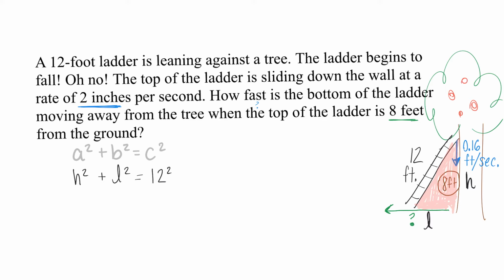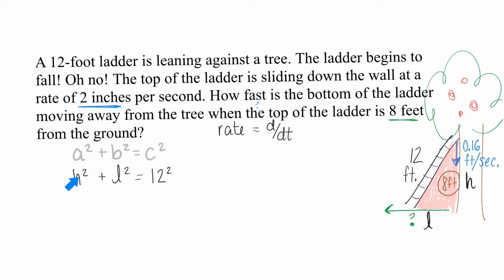And we need a derivative, because we're talking about rates. And remember we said that rates equal d/dt, right? Because it's the derivative with respect to time. So we're dealing with height and length, and we want to know the rate of the height changing, so it's dh/dt.